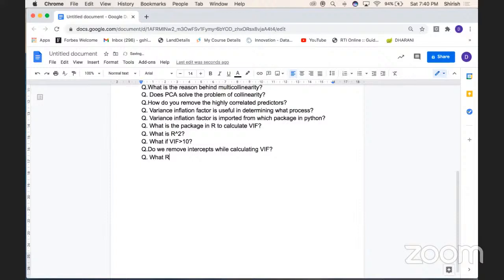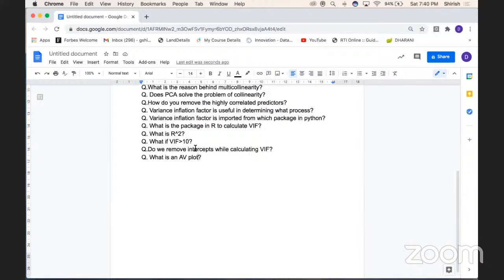Okay, let me write it. What is this plot meant for? AV plot. What is called an AV plot? Exactly, Subhajit.